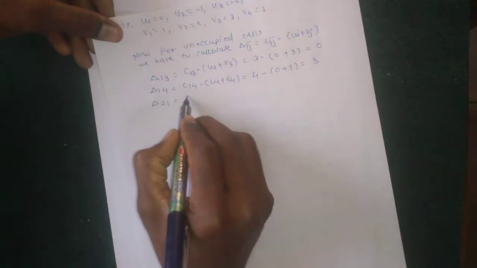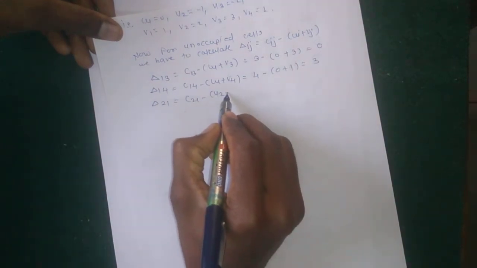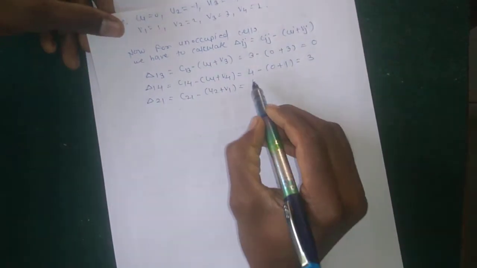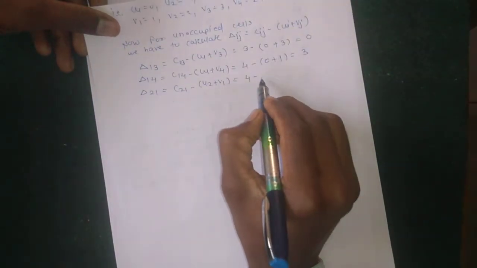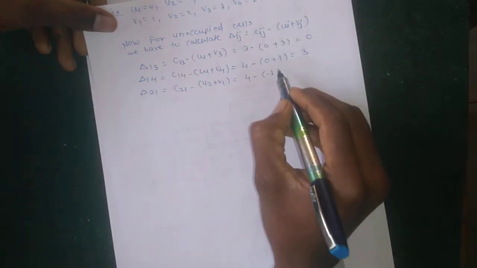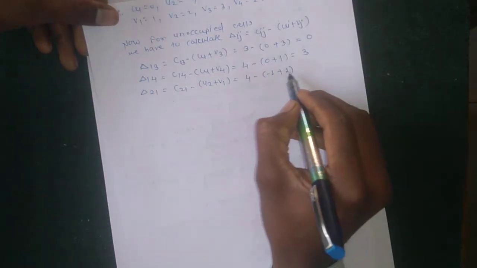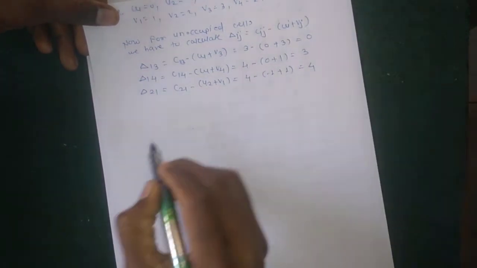Then delta 21 is equal to C21 minus (u2 plus v1). C21 has value 4, minus (u2 is minus 1 plus v1 is 1), which is minus 1 plus 1, 0, so remaining only 4.